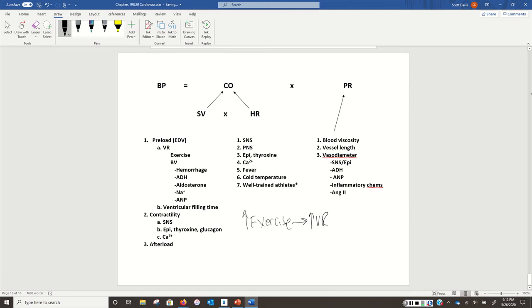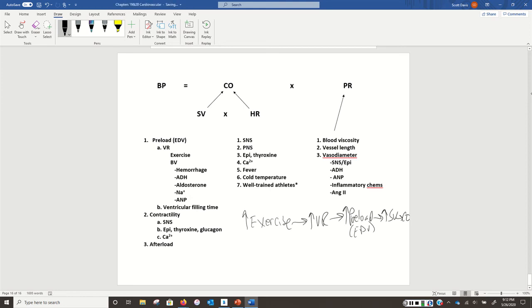And when there's an increase in venous return, there's going to be an increase in preload, or we could also have said EDV. I tend to say EDV. It's just easier for me to write. And when there's an increase in EDV, there's an increase in stroke volume. And when there's an increase in stroke volume, there's an increase in cardiac output.